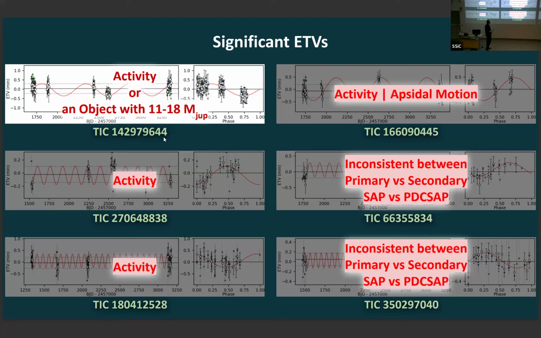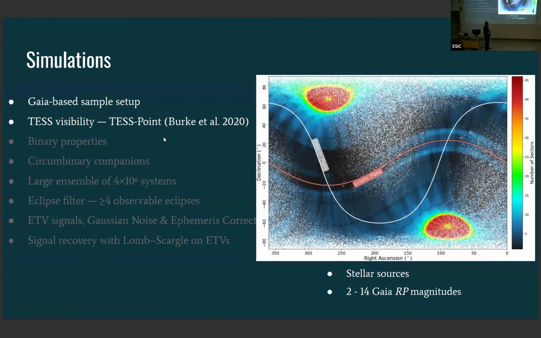But for 1 case, the reason for this variation can be due to activity as well. So this may be a false positive, or maybe due to an object with a low mass brown dwarf. It is yet to be confirmed, and we need some further investigation on that.